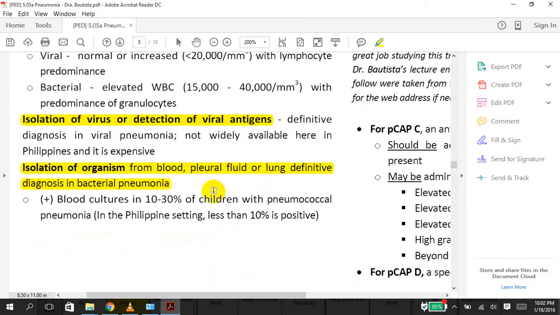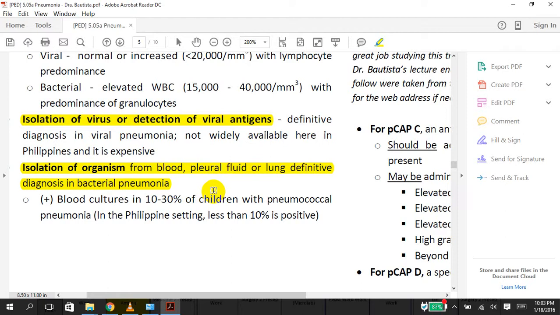But usually for bacterial, sputum cultures will have no value in children. Why? Because children below 7 years of age will not be able to expectorate. There are some studies which showed that as early as 6 years old, some of the children can already expectorate.